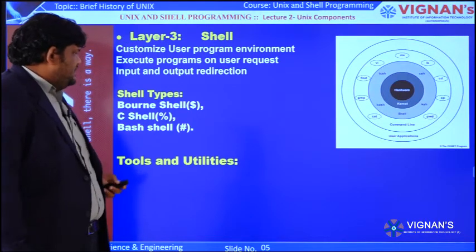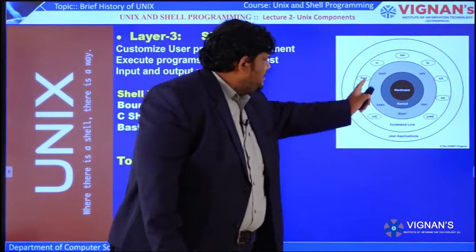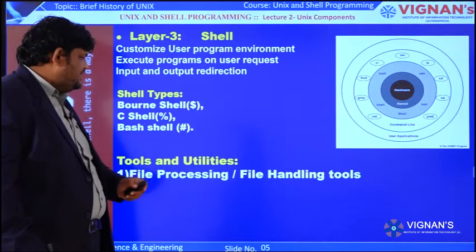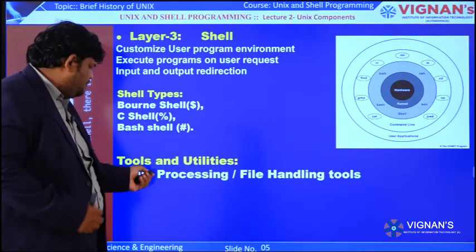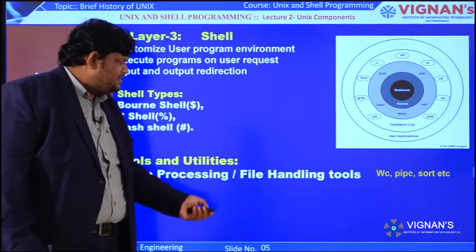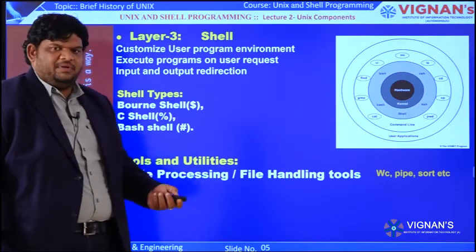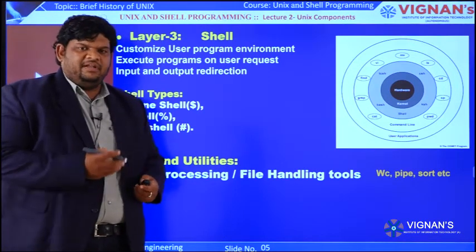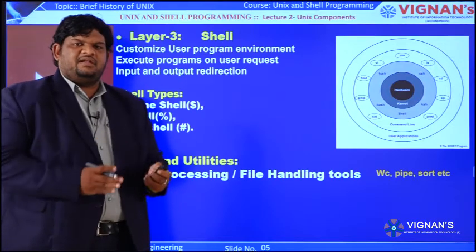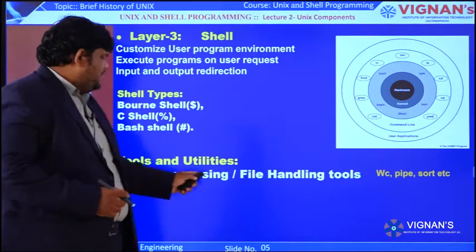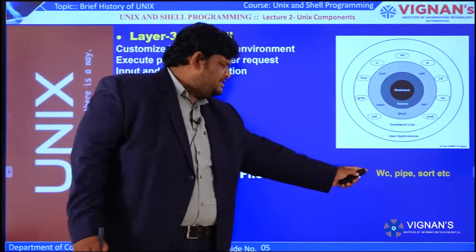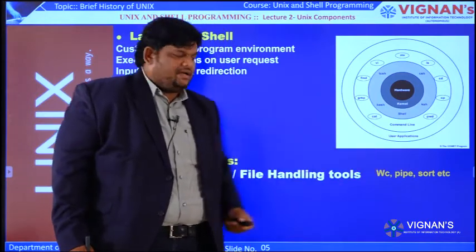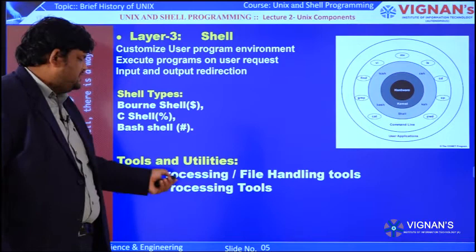Coming to tools and utilities, you can observe here these are all tools and utilities. We can group them into many categories. For example, the utilities which can be applied for file processing or file handling. Many commands are there, and commands are nothing but inbuilt executable programs. In file processing, we can use wc (word count), pipe, sort, etc. Next category, text processing tools.